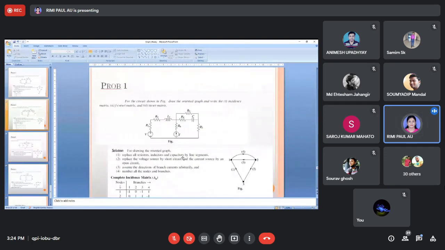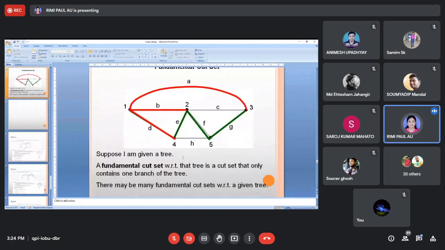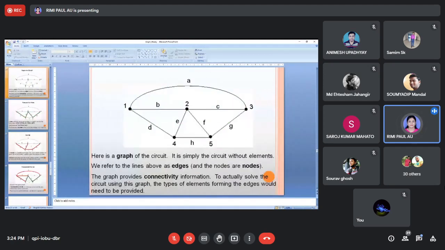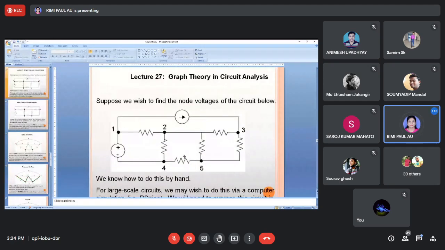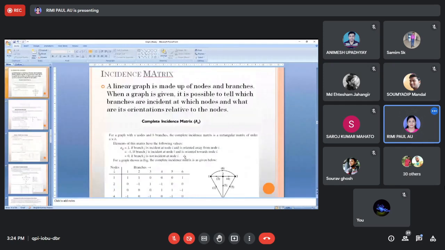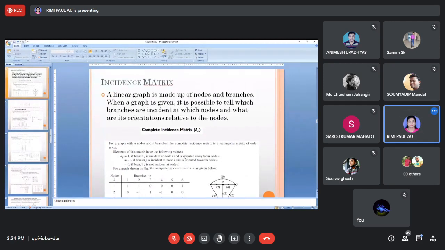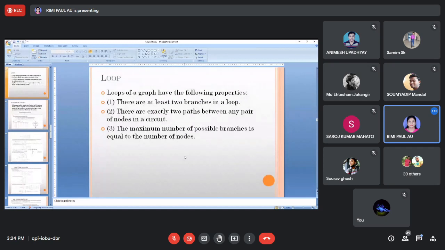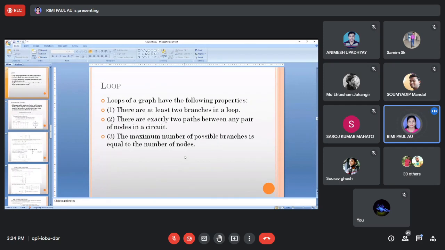So I am just showing you the definitions so that you can learn. You don't need to write any. So this is the incidence matrix. This is loop. Properties of loop.